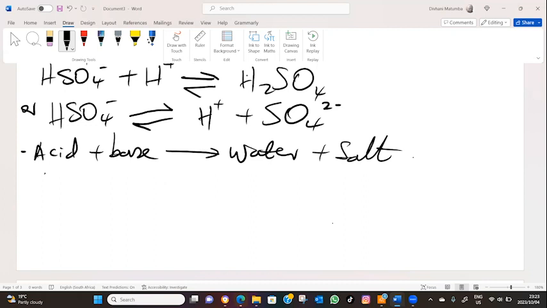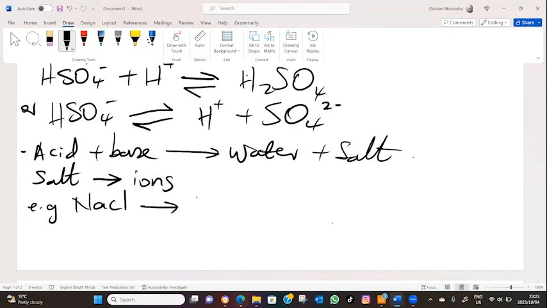And when the salt dissolves, it forms ions. For instance, sodium chloride will dissolve in water to form sodium plus and chloride ions. And all these are aqueous, and the salt is solid.